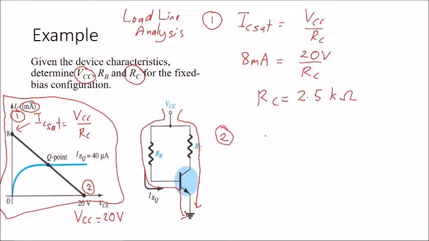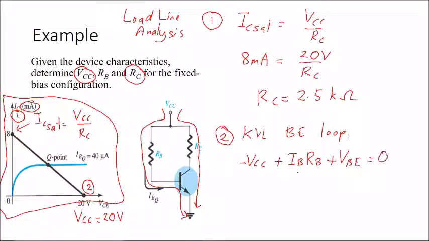To find the value of RB, you use KVL on the BE loop, which is minus VCC plus IB RB plus VBE equal to 0. So the value of RB is equal to VCC minus VBE over IB.